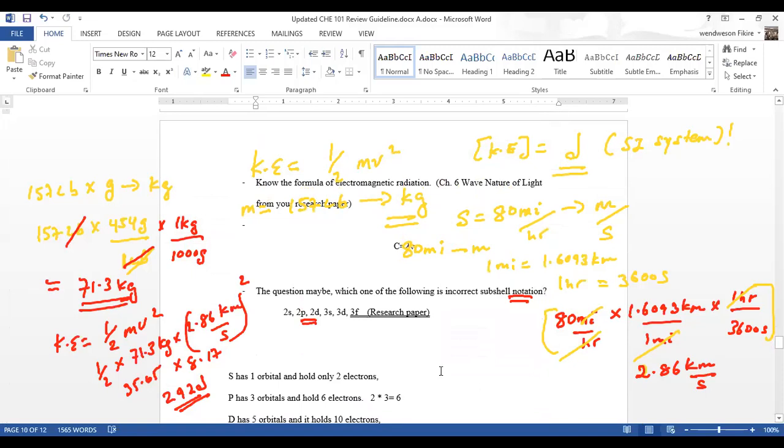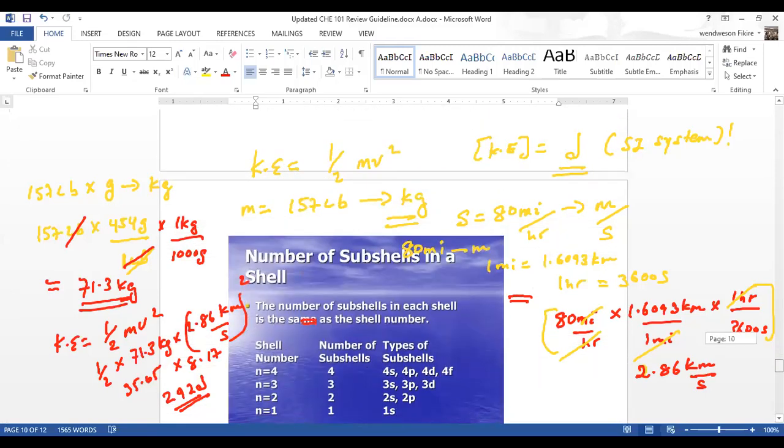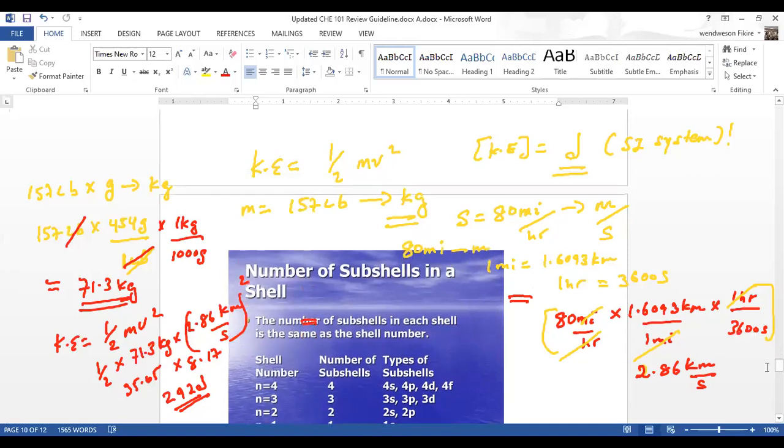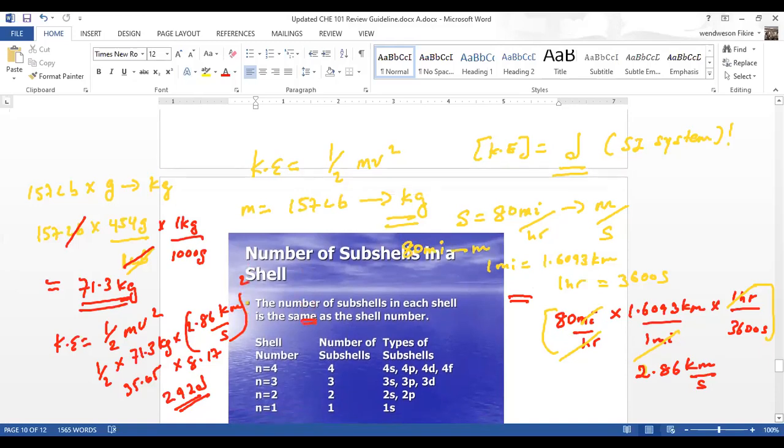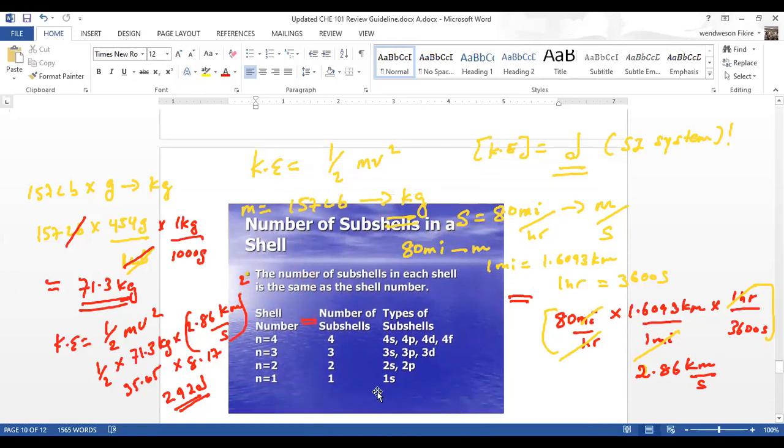Here the question may be which one of the following is incorrect subshell notation. Maybe this might give you a good explanation for that. The subshells are where you find the number of electrons. For example, the first shell has one subshell, which is only 1s.